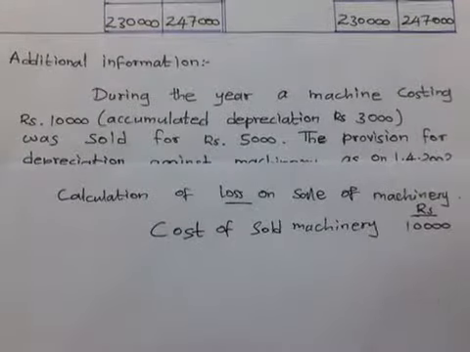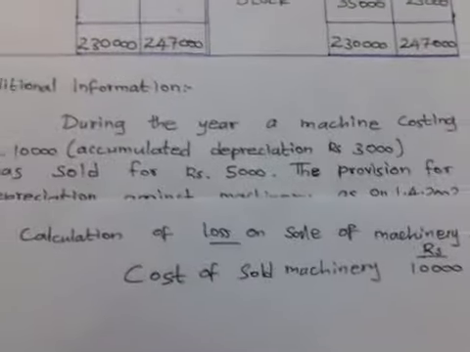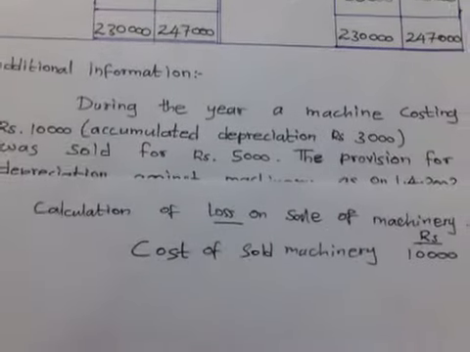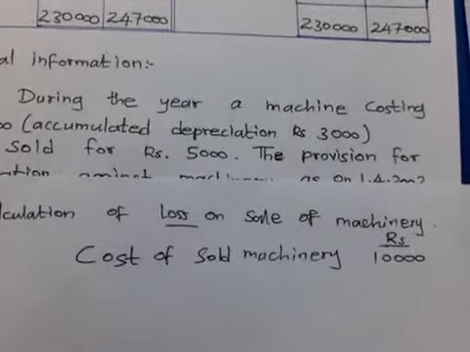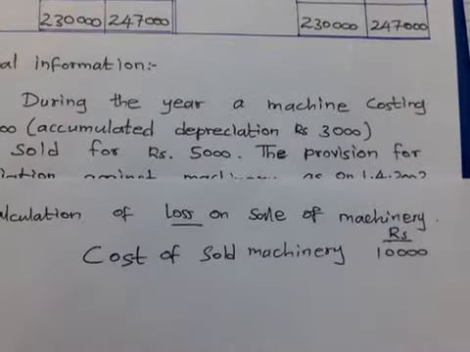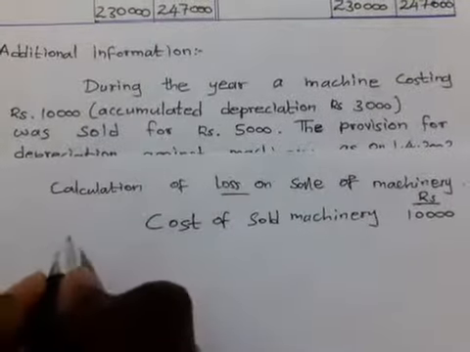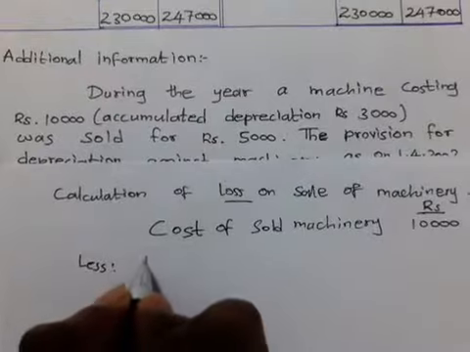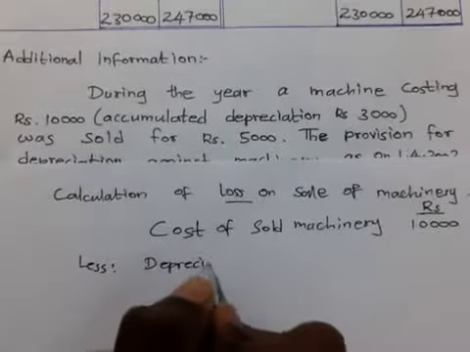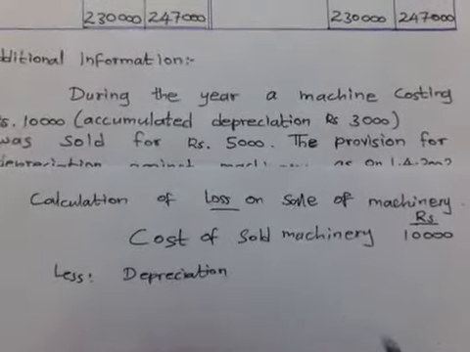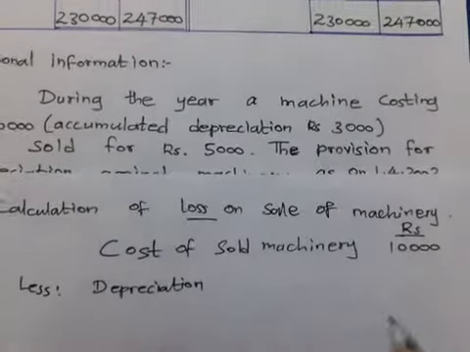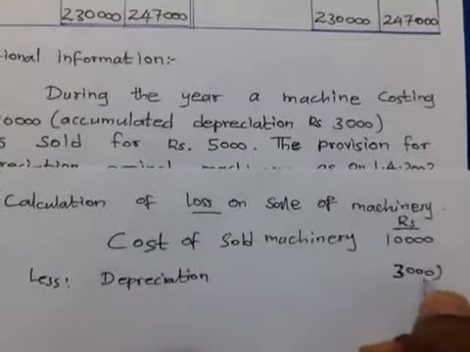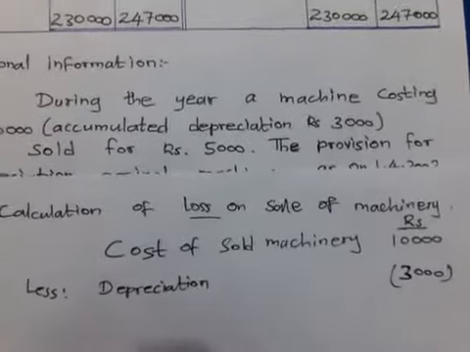$10,000, and the accumulated depreciation is 3,000, so we have to deduct that 3,000 amount because already depreciation is there, 3,000 for this 10,000 machinery. So we will deduct $3,000.